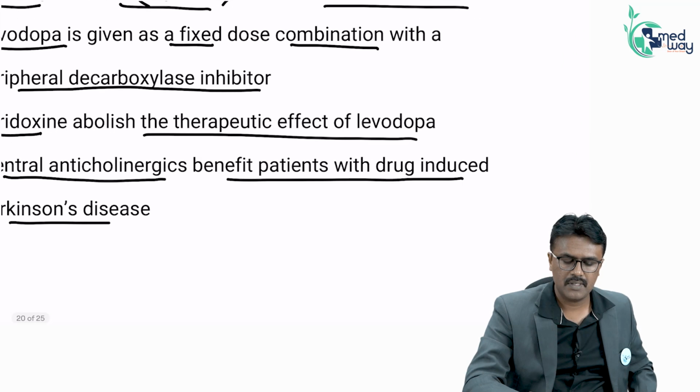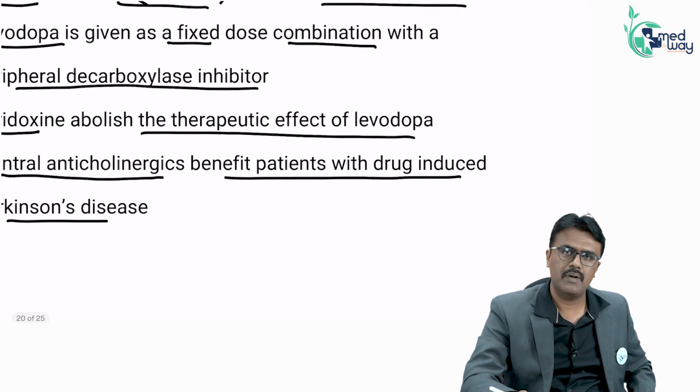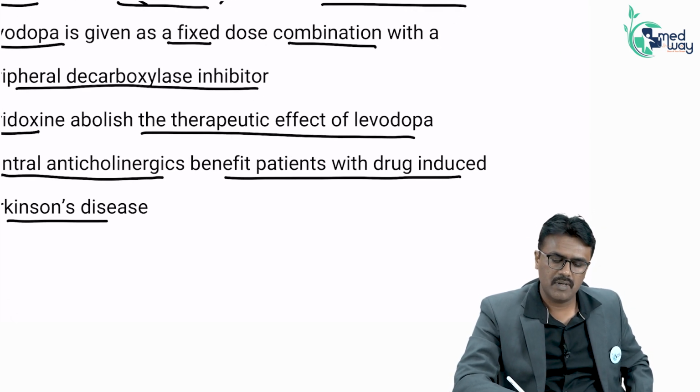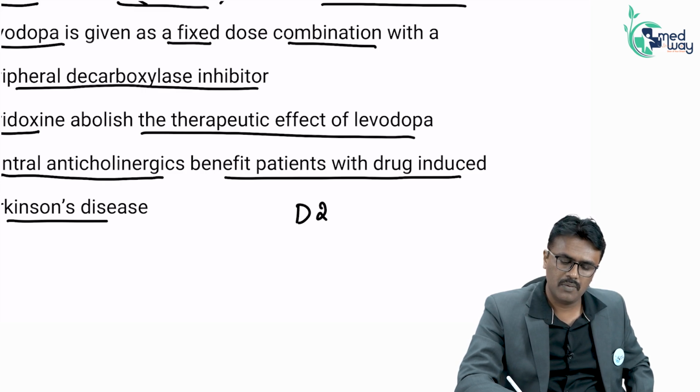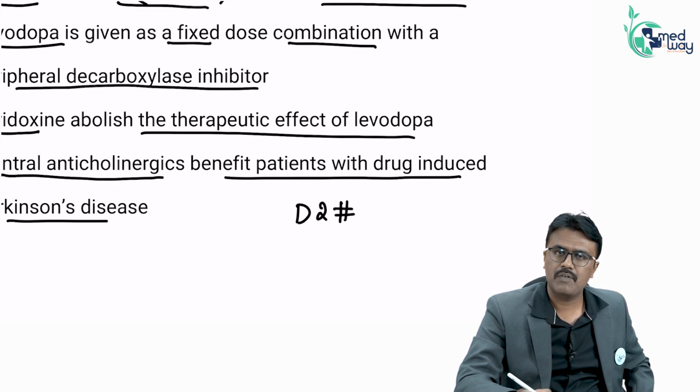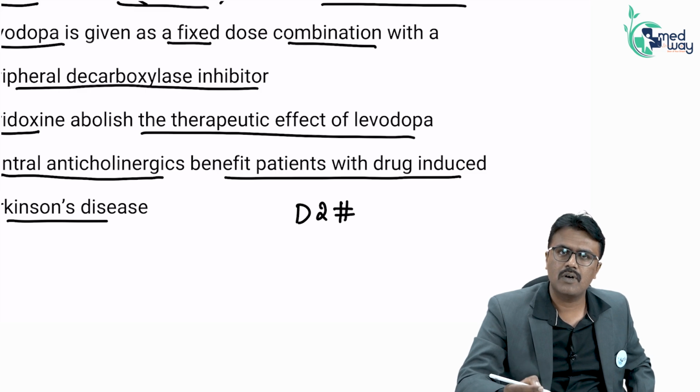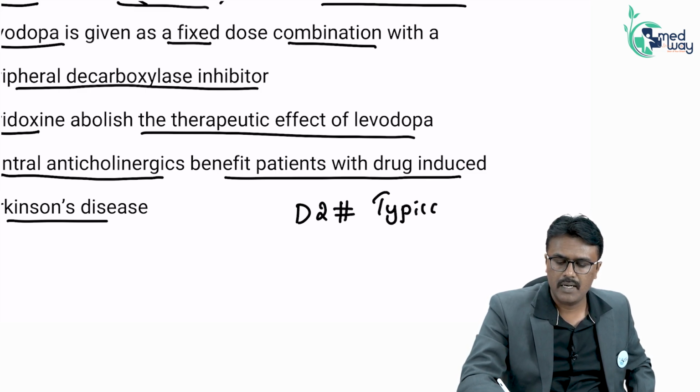Now sometimes Parkinson's disease can happen by the aging process. Sometimes if I block the D2 receptor, after some days the drugs can also cause Parkinson's disease. For example, D2 blocker drugs are typical antipsychotics like haloperidol.